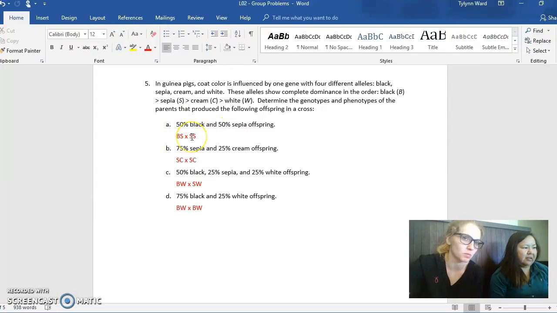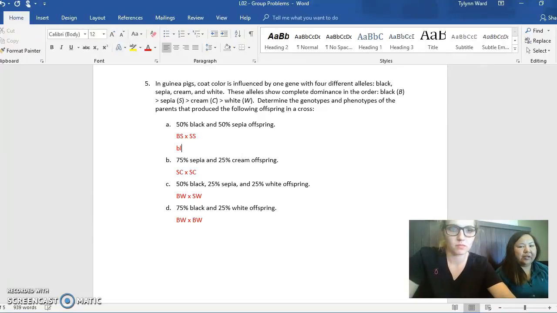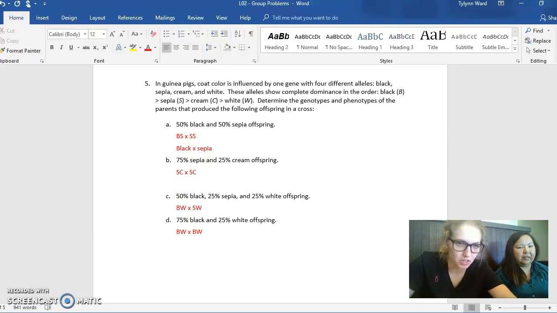That would be 50% black. Right. So it would be a black and a sepia. And then 75% sepia and 25% cream offspring would be SC times SC, which is sepia times sepia.